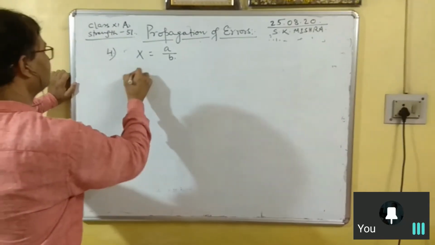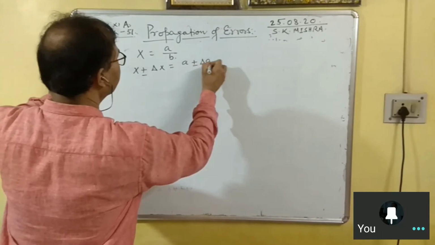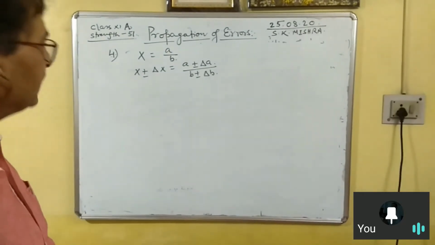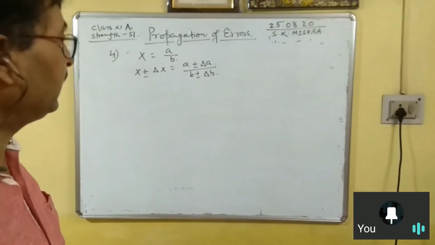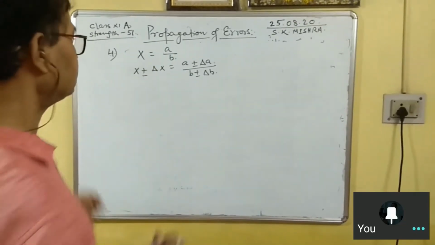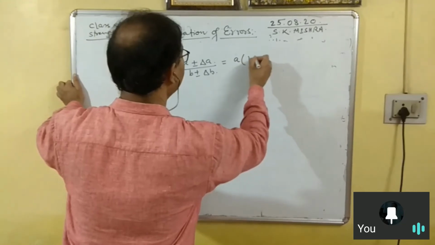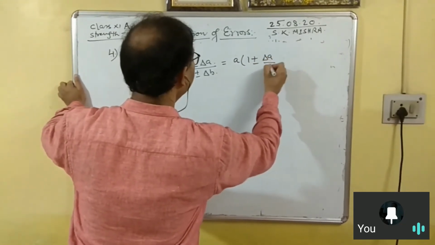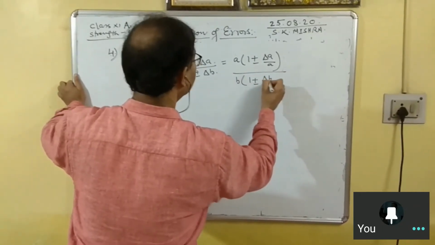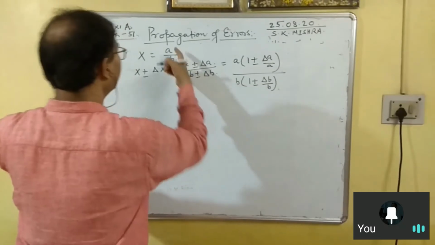Now we are writing x plus minus del x is equal to a plus minus del a divided by b plus minus del b, because delta A and delta B are the absolute errors in A and B, and let delta X be the corresponding error propagated in quantity X. So this we can write, taking A common in the numerator, 1 plus minus delta A by A, and in the denominator taking B common, 1 plus minus delta B by B. Now instead of a by b, I am going to write x.